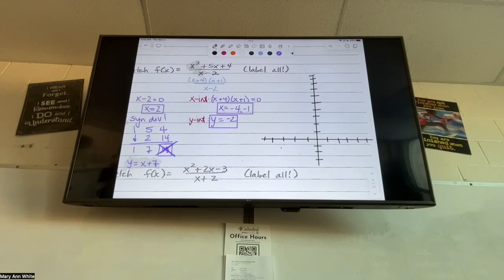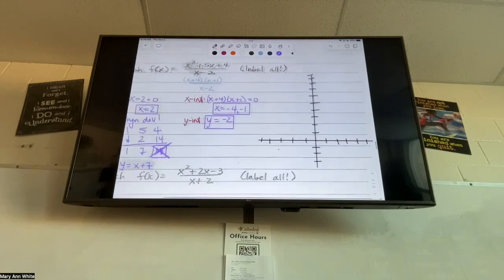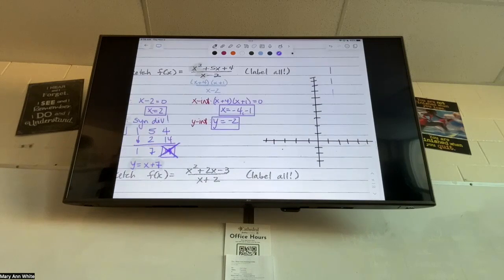So my vertical asymptote is at +2. Let's graph that vertical asymptote at +2. And now I'm going to do my slant asymptote at y equals x plus 7. So I'm going to go up to 7. 1, 2, 3, 4, 5, 6, 7.